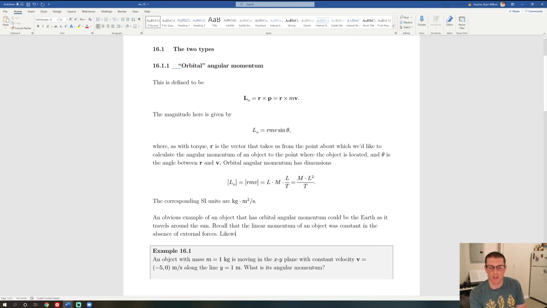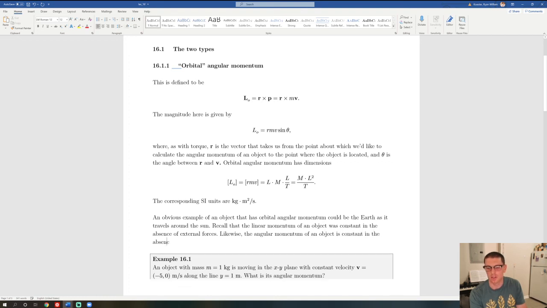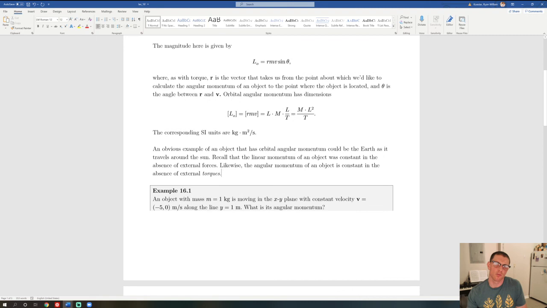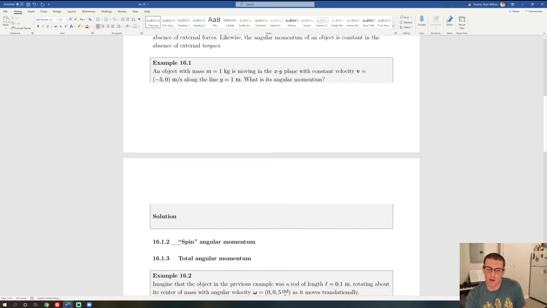Likewise, the angular momentum of an object is constant in the absence of external torques. And this is just a continuation of our analogizing between linear motion and rotational motion, right? Okay, so let's look at an example of what this looks like here.